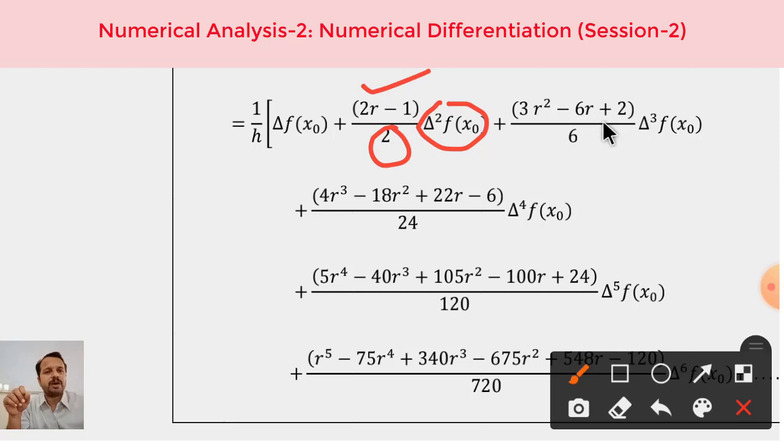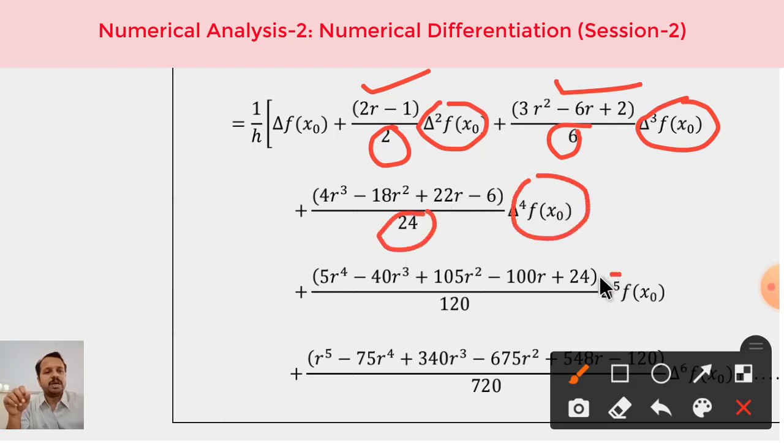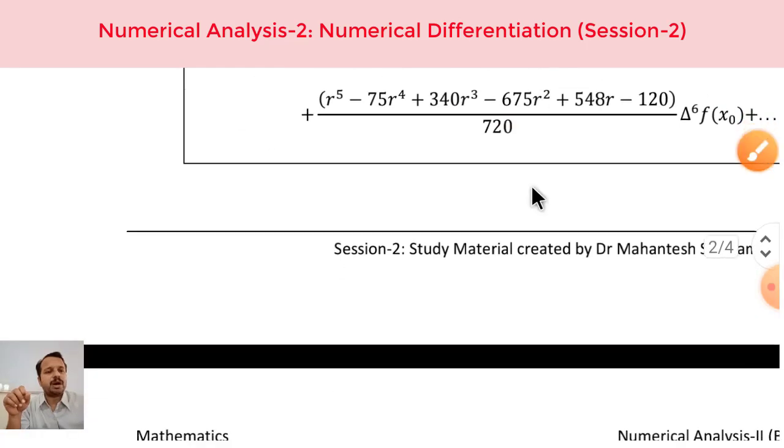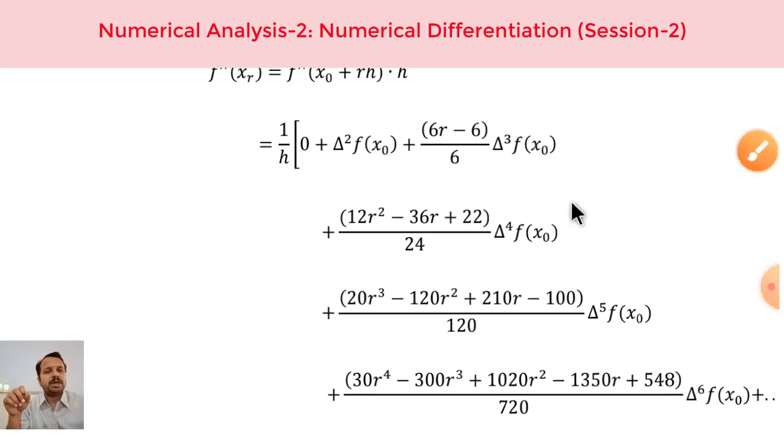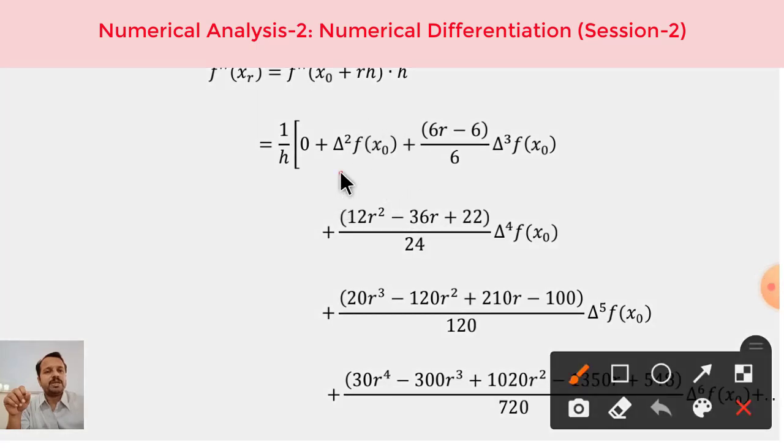Differentiation of this you write down, again this is a constant, this is also a constant. Differentiation of this with respect to r we have to write down, and we have to do the same thing with each term here in this bracket, and differentiate the brackets with respect to r. So after simplification, we are going to get these terms over here. So these are the things we are going to get. You please look at these terms.